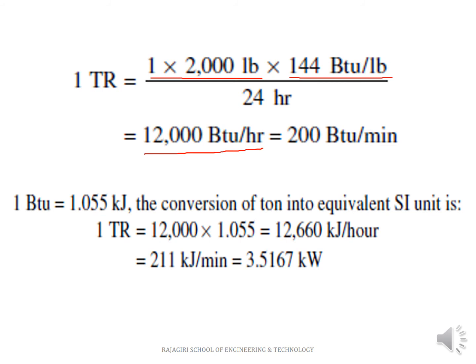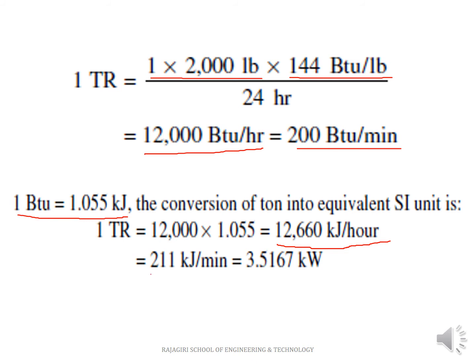As we know, 1 BTU is equal to 1.055 kilojoule. So to convert this unit to SI unit, just multiply this 12,000 BTU per hour with 1.055, and you will get 12,660 kilojoule per hour.